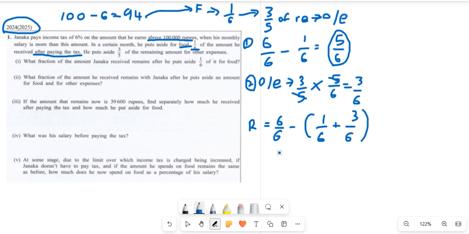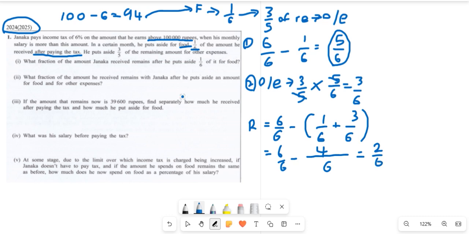So what is the total amount he had for expenses? Now from 6/6 you have to subtract. Total expense of him is 3 plus 1, which is 4. So 4 portions he has as expense. Then 2/6 he has remaining after the food expense and the other expense.